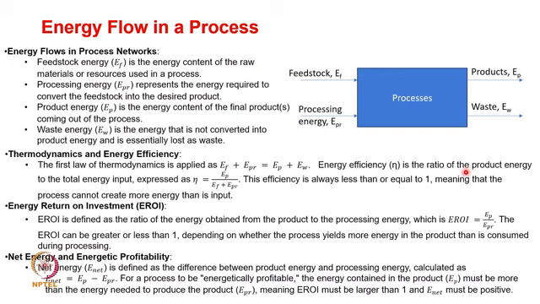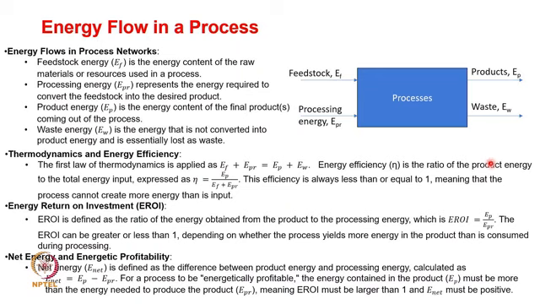The first law of thermodynamics, which of course we can apply, gives us EF plus EPR should be equal to EP plus EW. Energy efficiency is the ratio of the product energy to the total energy input, which is evaluated as EP divided by the summation of EF and EPR, and this efficiency is less than or equal to 1, meaning that the process cannot create more energy than is fed into the system.